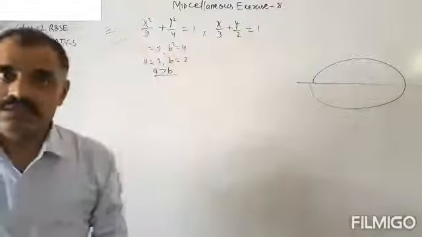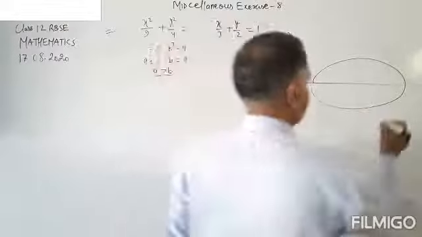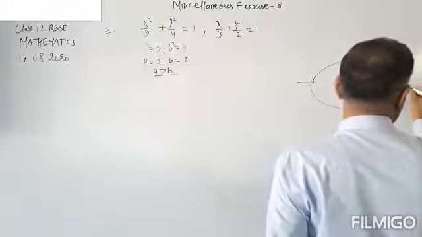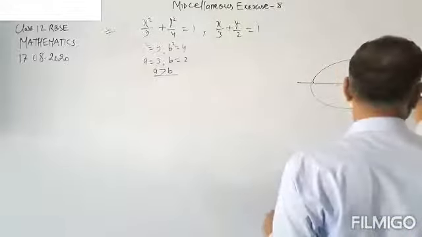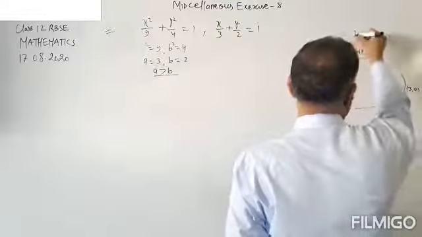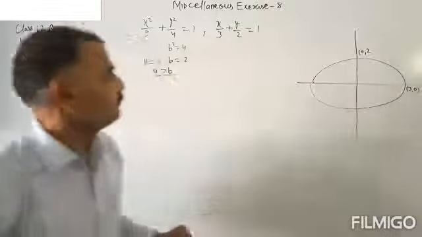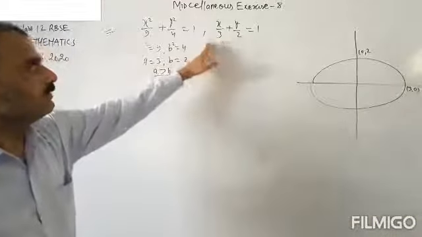This one is the ellipse. The coordinates of the vertices are 3, 0 and 0, 2.